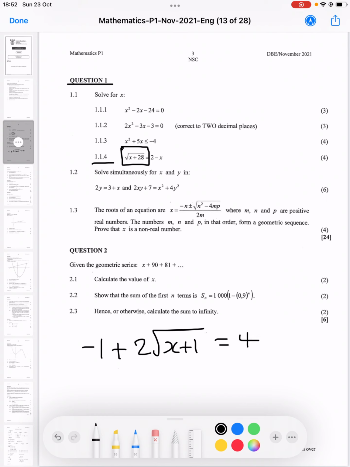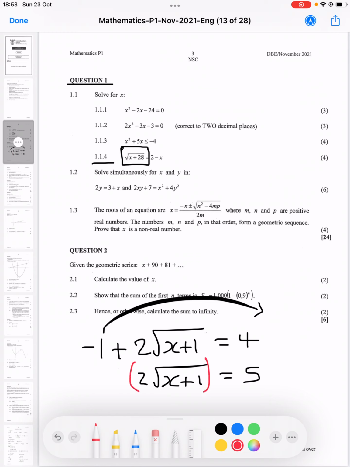Let's say you're given something similar to that. You remember, I said you isolate, meaning you are going to remain with 2 square root of x plus 1 being equal to, take that to the other side, 4 plus 1 being 5. Most importantly, guys, when you remove the square root, on your next step you're obviously going to introduce a square on both sides.